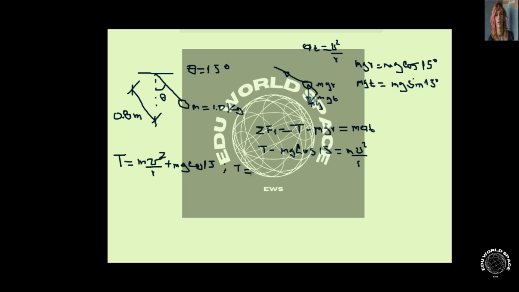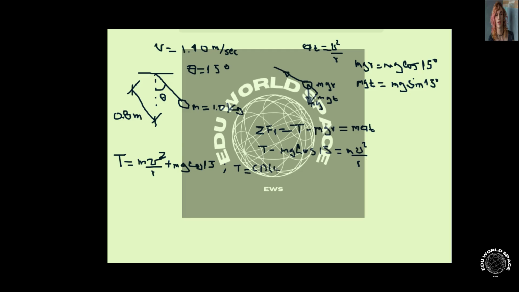Tension, if we substitute the values, we have 1, we have the velocity is also given from the problem, and its velocity at this position is 1.40 meters per second.